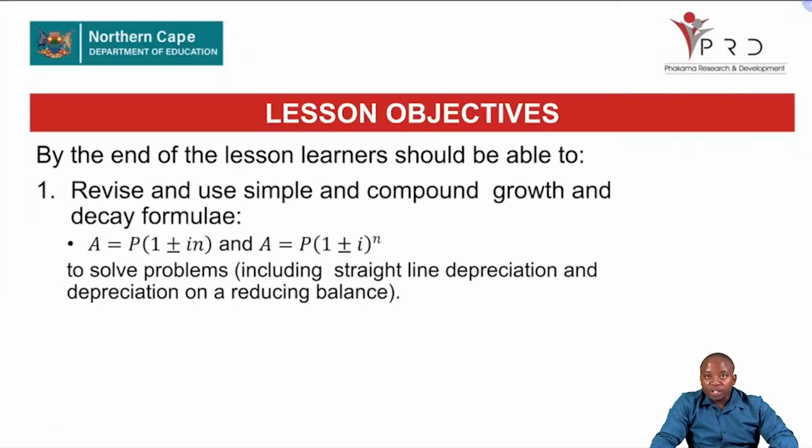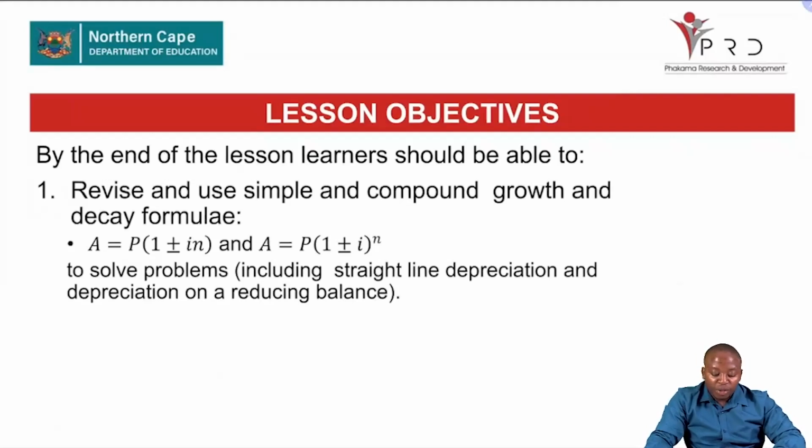The plus or minus will be specific to whether it's for a growth or decay. Plus IN, and A equals P, open brackets, 1 plus or minus I, all raised to the power N. So the first formula focuses on a straight line or simple interest, and the second formula focuses on compound.